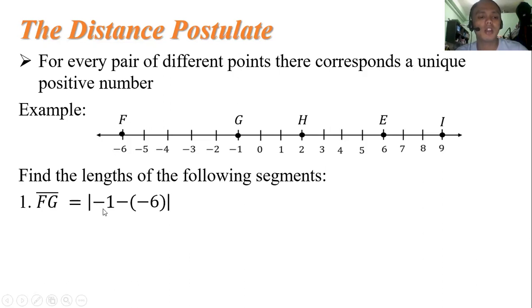Here, solve natin sa loob. Negative 1 minus negative 6 or negative 1 plus 6. Now, negative 1 plus 6, magkaiba yung sign, so subtract natin yan. That would be equal to 5. Then what is the absolute value of positive 5? Is also 5. Therefore, the length of FG is 5 or the distance of point F to point G is 5.